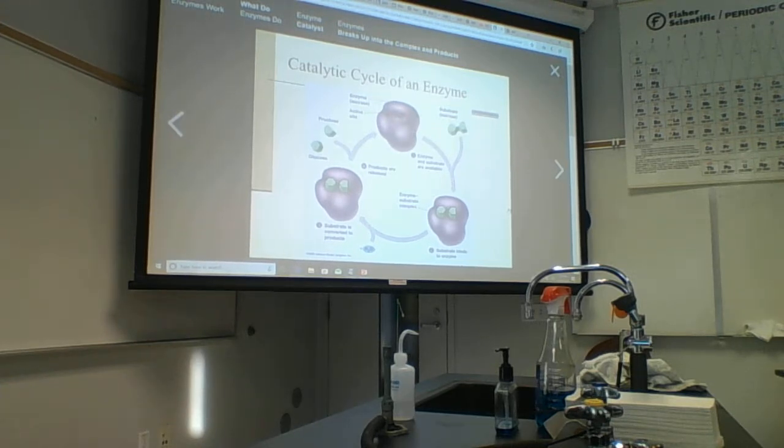There's cases where catalysts provide alternate pathways. One example of an alternate pathway is something like this. We take this. You know what this is? Not bicarbonate.